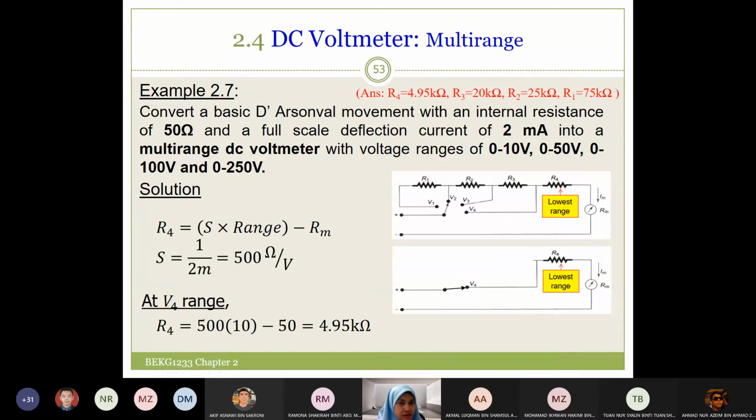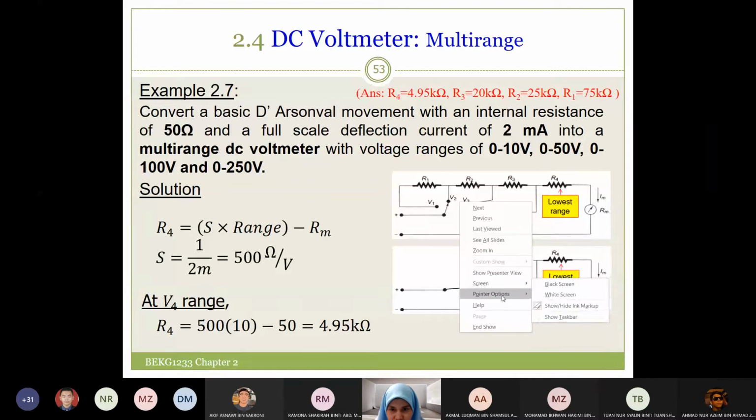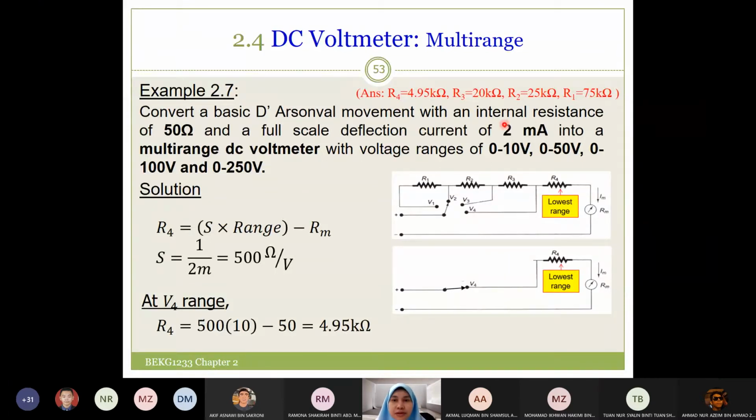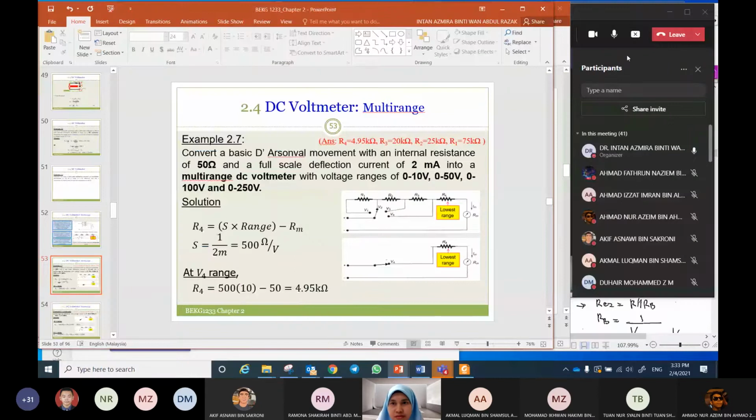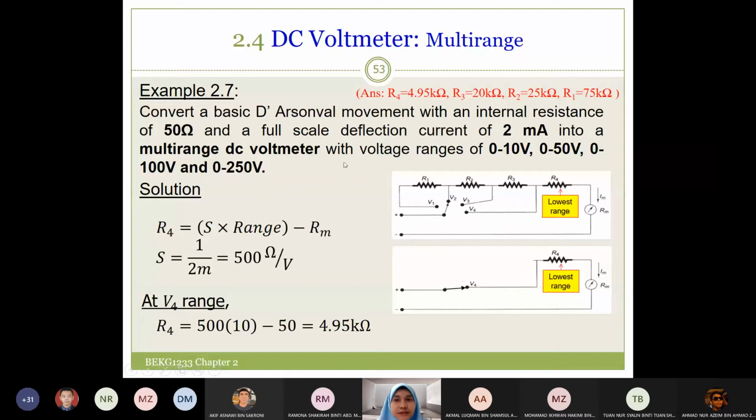Okay, this is an example. Convert a basic movement with an internal resistance of 50 ohm. This PMMC has RM of 50 ohm and a full scale deflection current of 2 milliamps.